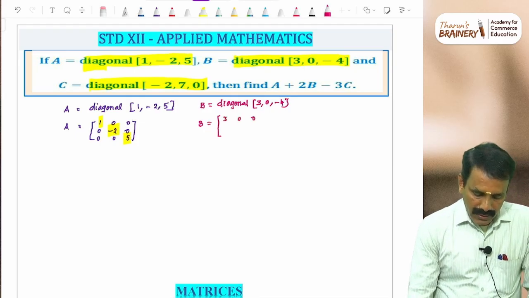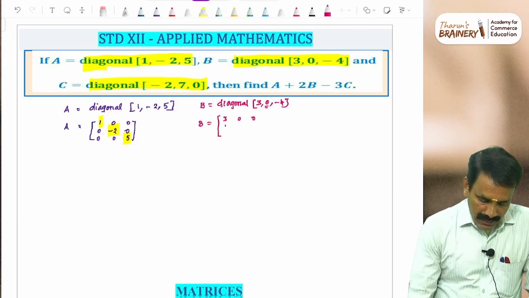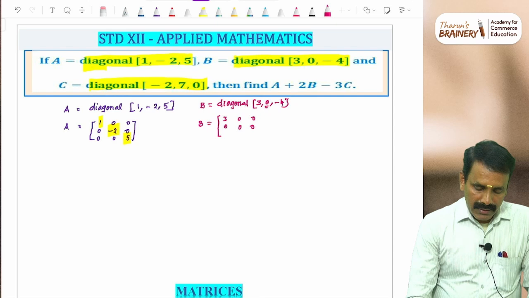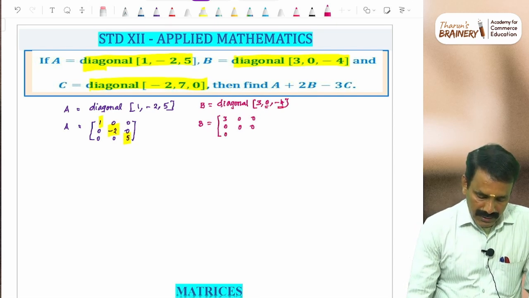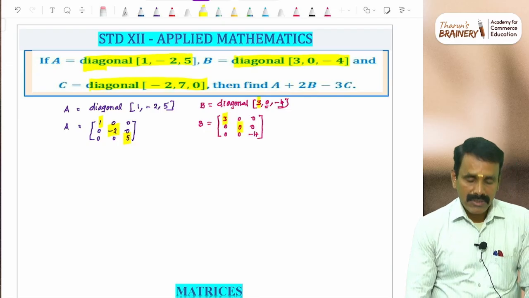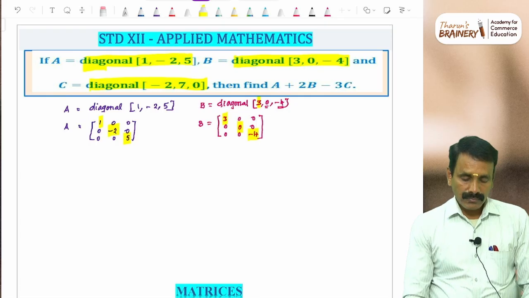Next one, the second diagonal element is going to be 0. So, this entire row is going to be 0 now. And the third element in the main diagonal element is minus 4. So, we have to write 0, 0, minus 4. In diagonal, we are going to have 3, second row, second column is 0, third row, third column is minus 4.